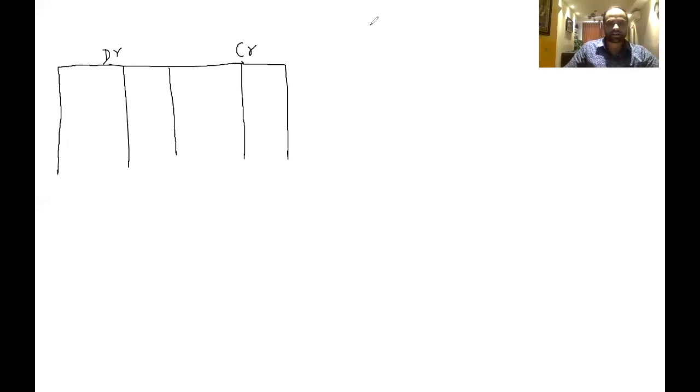It looks like T accounts, you can see. It looks like T. So this side is your debit side, this side is your credit side. This is the name of the transaction. This column is for the amount which is debited, and this is the name of the account, and this is the amount which is credited. So that's why this is called the T accounts, right?